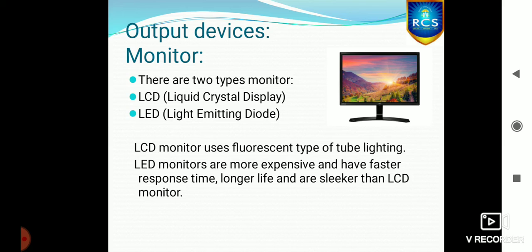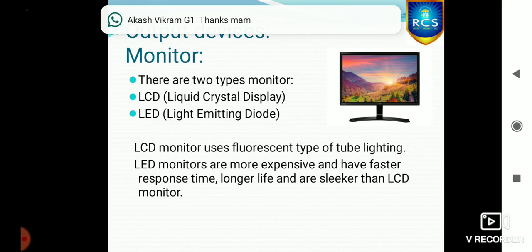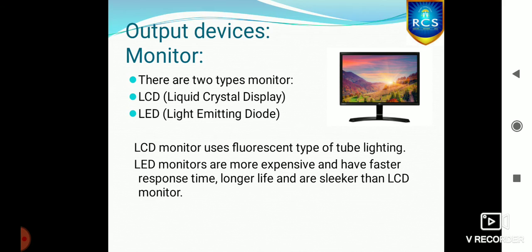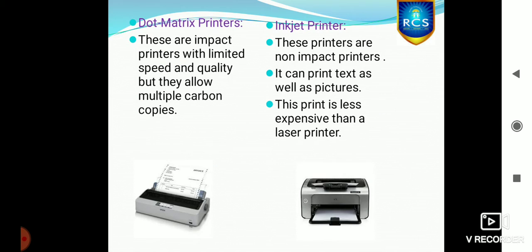LED monitors are more expensive, have faster response time, longer life and are slimmer than LCD monitors.